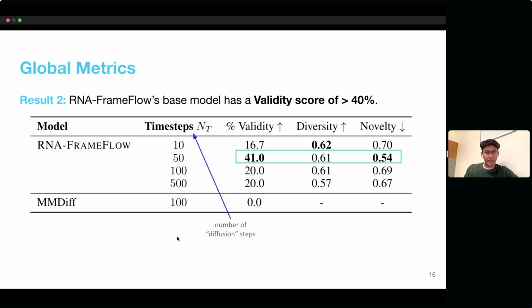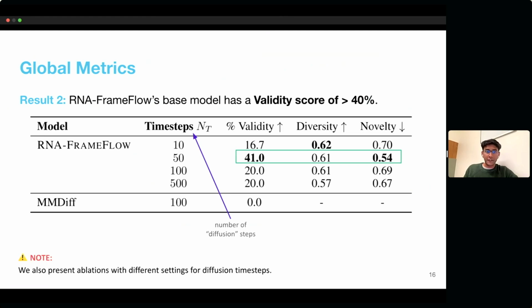We weren't able to get any valid structures from this model, even after retraining. So this is one of the key results that we'd like to highlight: in terms of validity, in terms of self-consistency TM score, SCTM, we're achieving about 41%. And you see similarly nice values for diversity and novelty.